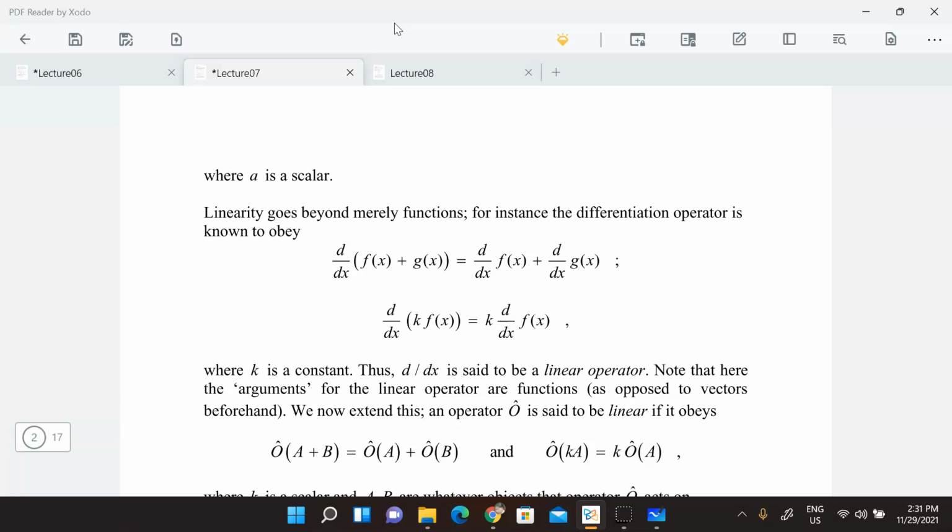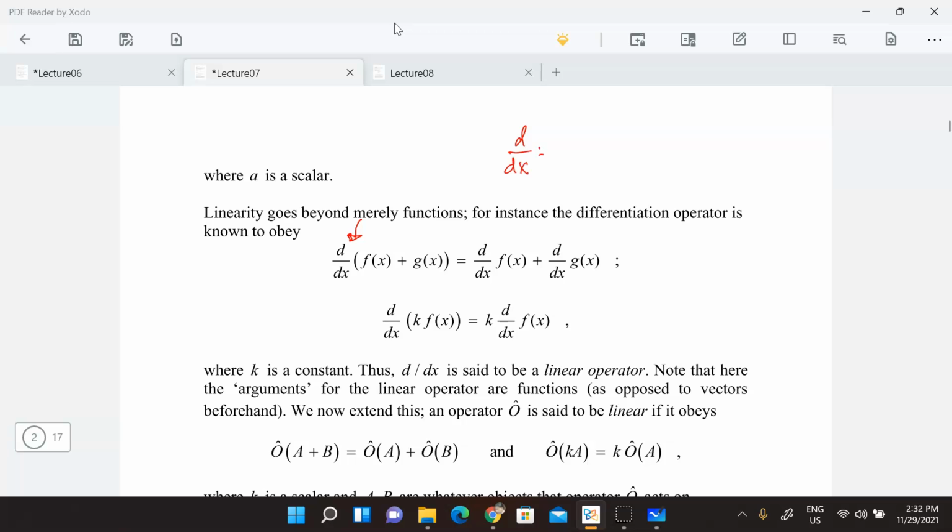So we have done linearity in terms of functions, but linearity goes beyond just functions. One could apply this to, say, operators. A nice example of an operator would be your differentiation operator. If you take the differentiation operator and act it onto some function, you get a different function. So in other words, d/dx, what does it do?